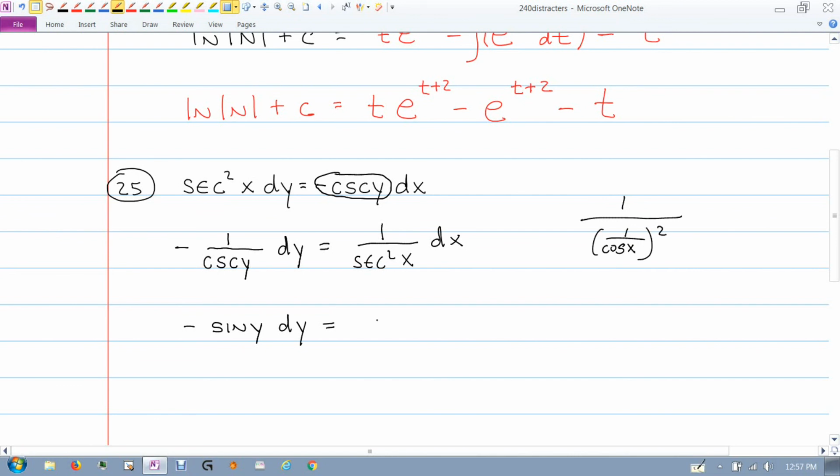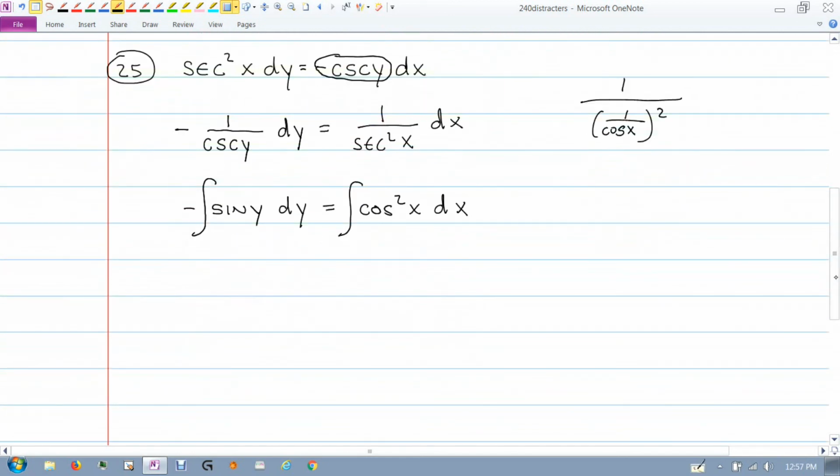So we flip it, and so the right-hand side becomes cosine squared x dx. And now we can integrate. And I'll put my integral sign right there because the negative can go out front. The antiderivative of sine of y is going to be negative cosine of y. So this is just going to be cosine y plus a constant.